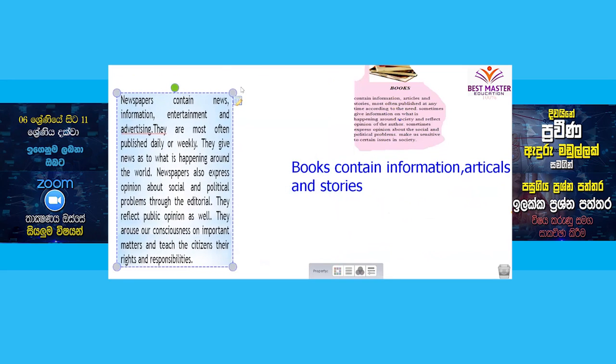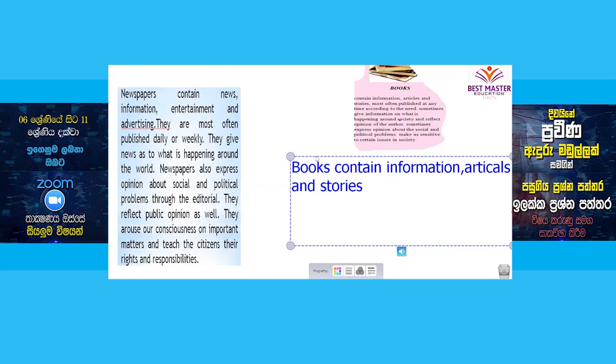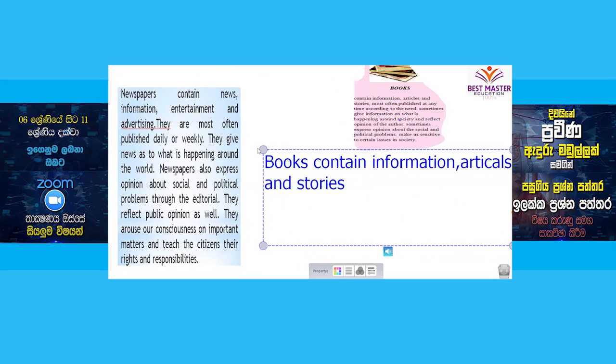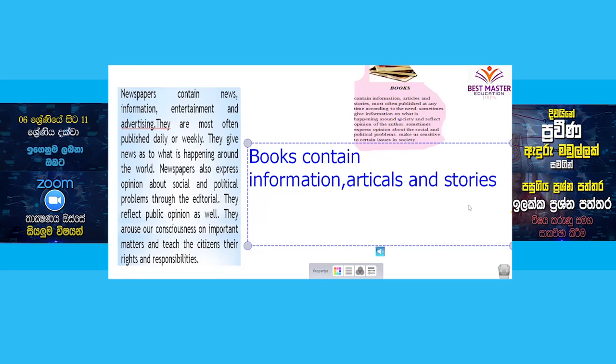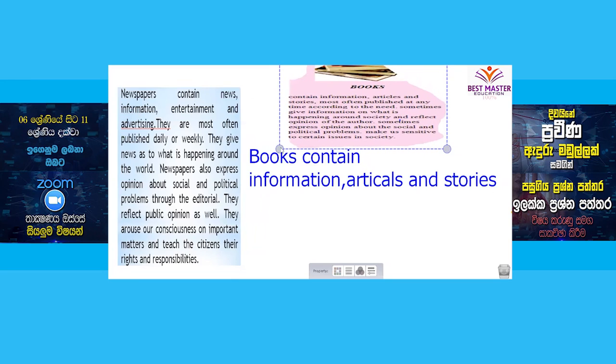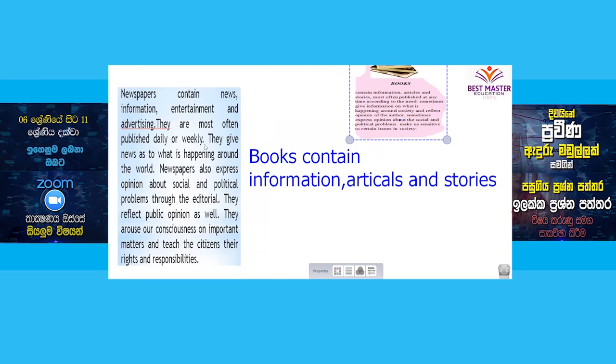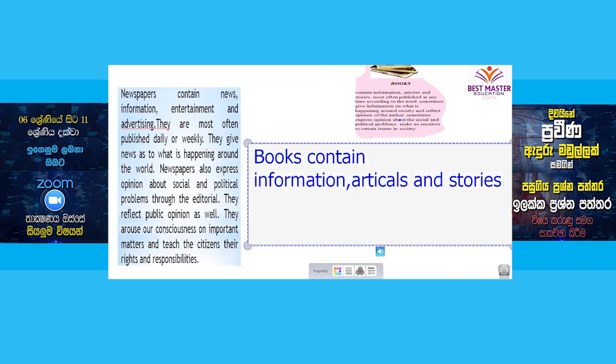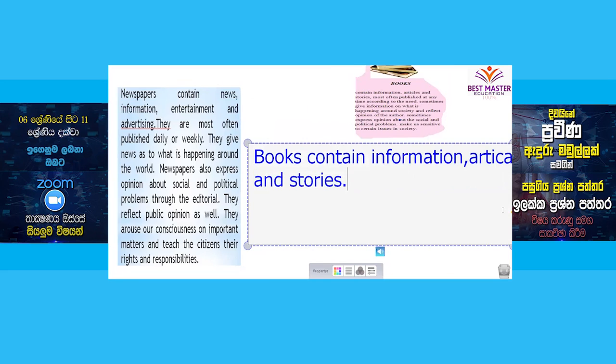Right. Look. Books contain information, articles, and stories. As well as we have to add most often published at any time according to the need. By using this sentence, we are going to write, full stop here.